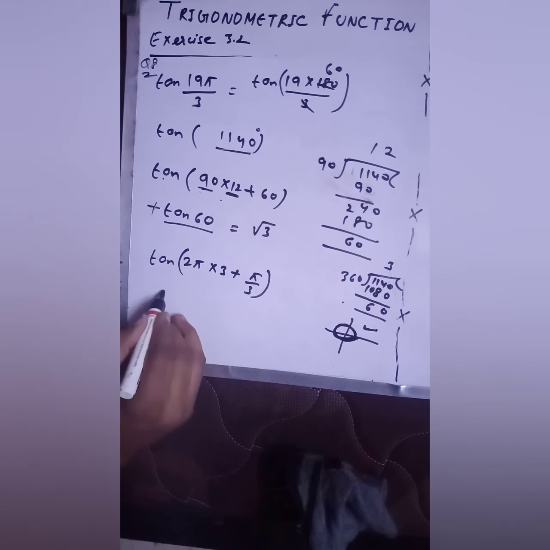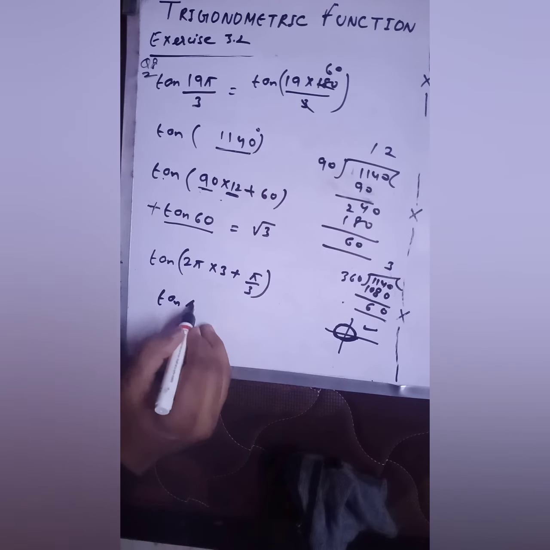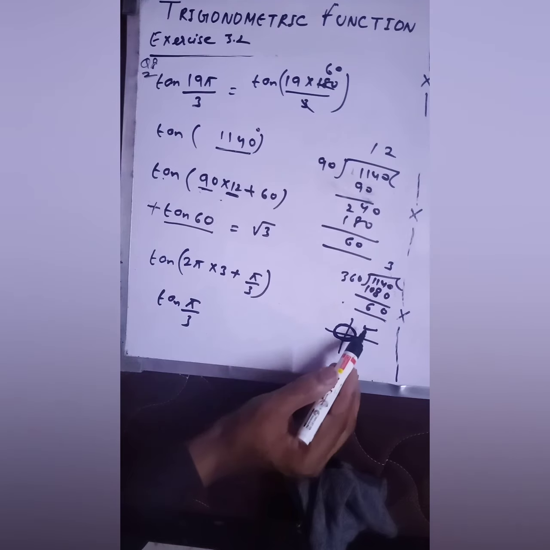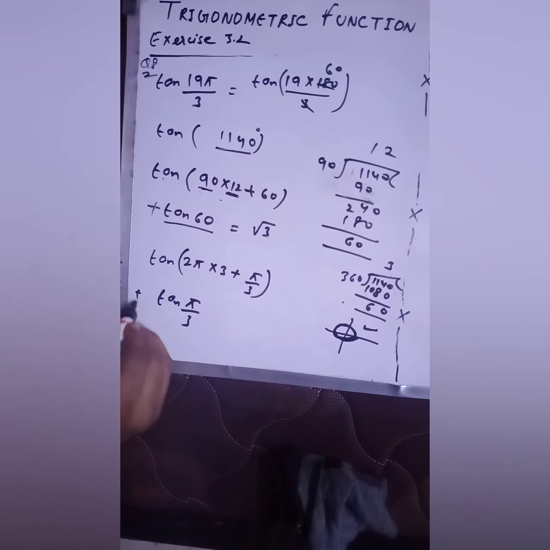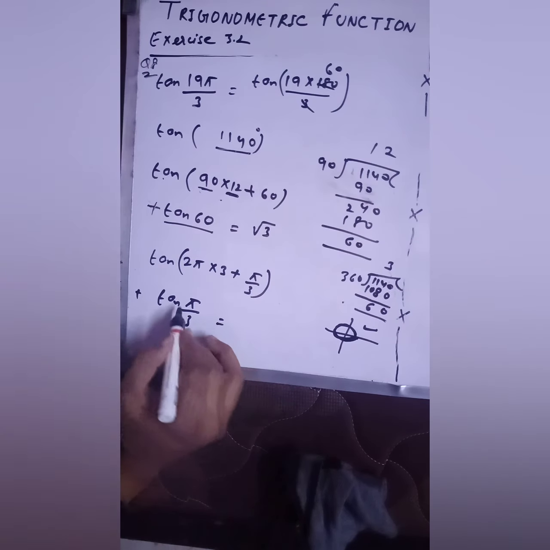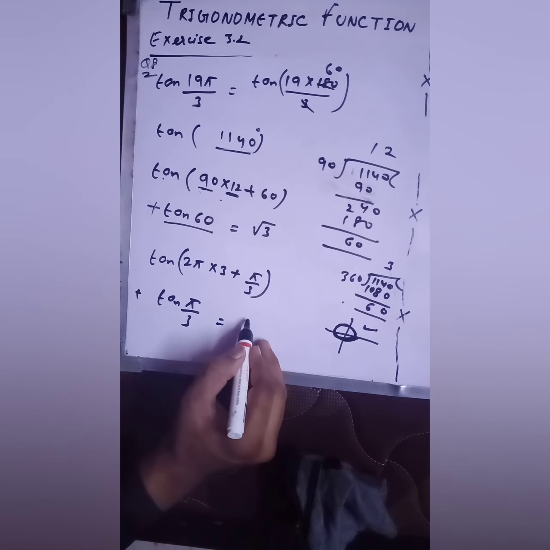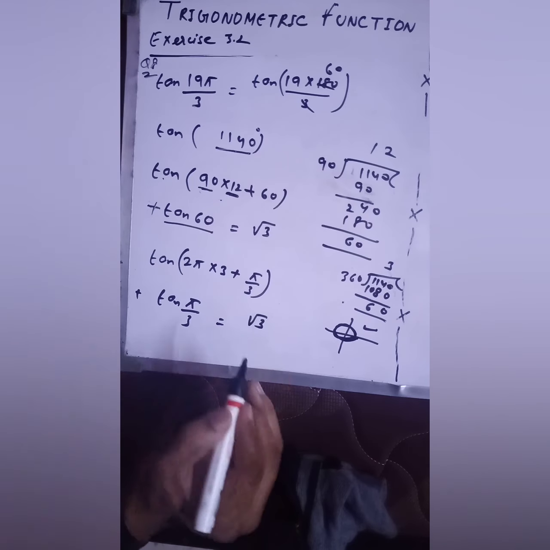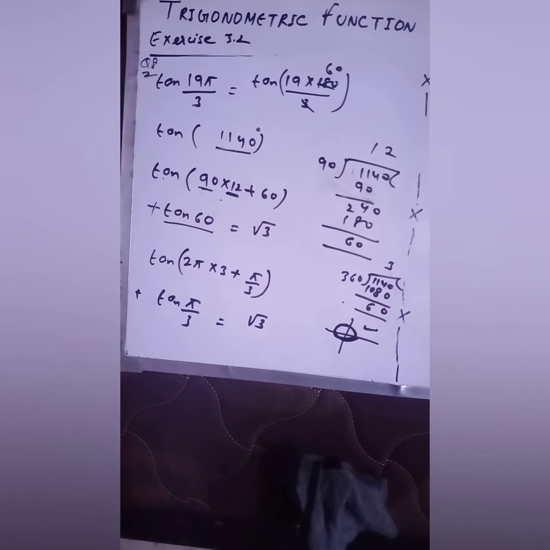So first step is you have to copy the same. The value is coming in the first quadrant, so it would be positive because all are positive in the first quadrant. So tan pi by 3 is, as you know, tan 60 is √3. So this is how you can solve this question.